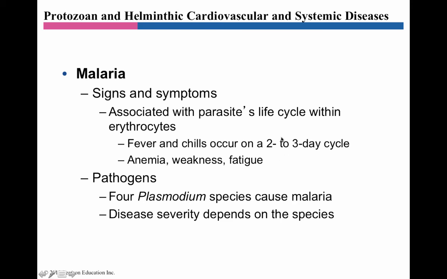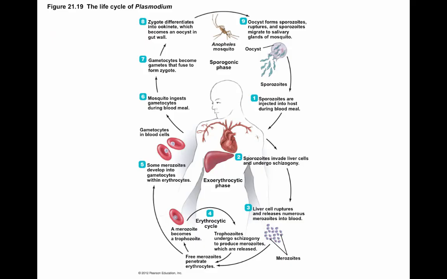And you can have all kinds of neurological symptoms as well. Remember, there were four species of Plasmodium that could cause malaria. Plasmodium malariae, Plasmodium vivax, and some others. And disease severity did depend on which one of those species was involved. Here was our life cycle. And again, remember, it was transmitted by the Anopheles, blood-sucking mosquito.